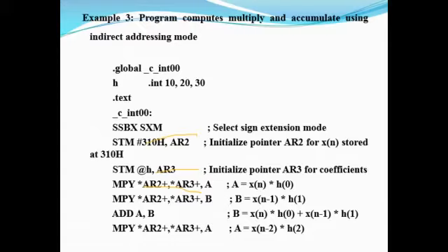So MPY: the content of AR2 and the content of AR3 are multiplied. We can see that x of n is the content and h of 0 is the content. They are multiplied and the result is transferred to A. Similarly, in the other case, the content of AR2 and AR3 are multiplied and transferred to B. In each instruction we see a post increment.